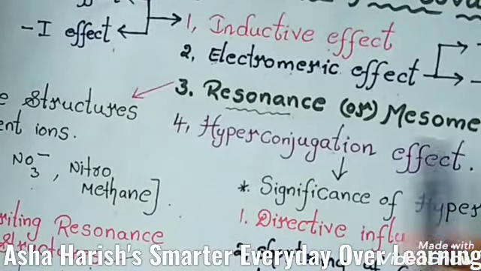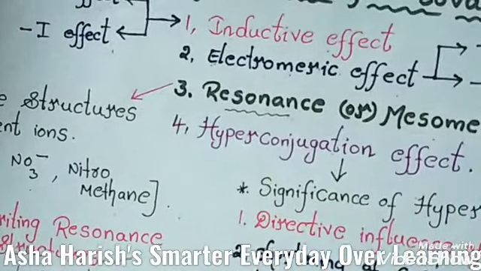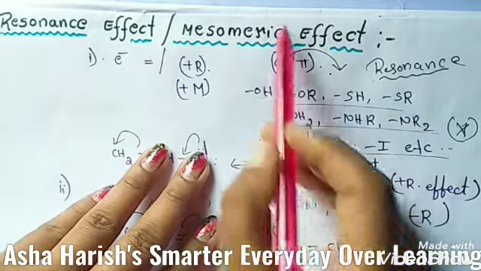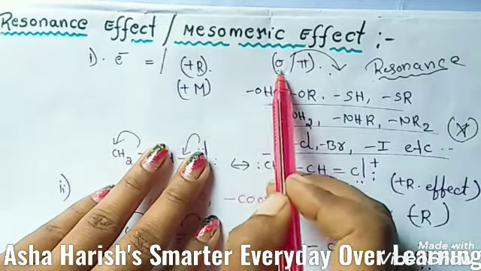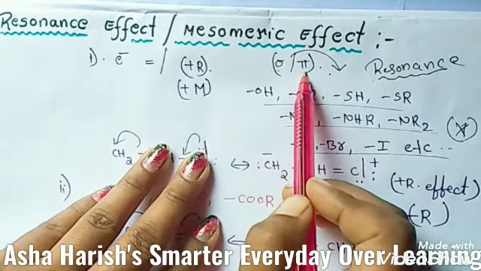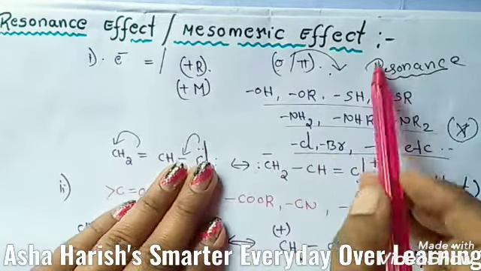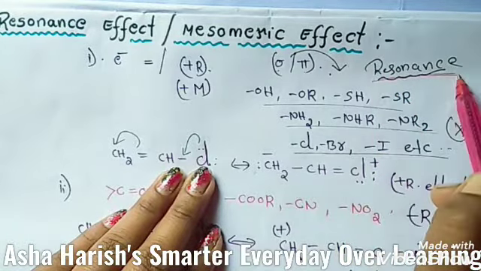Now let's see clearly about this resonance. In a conjugated system, that is, one having alternate sigma bonds and pi bonds, the electrons can flow from one part of the system to another due to resonance.